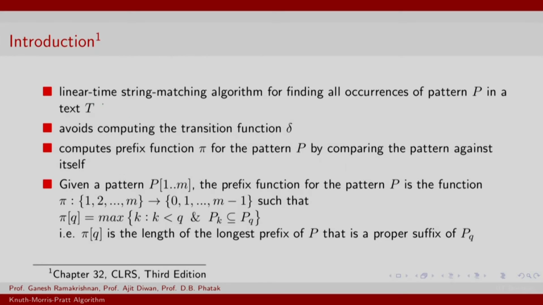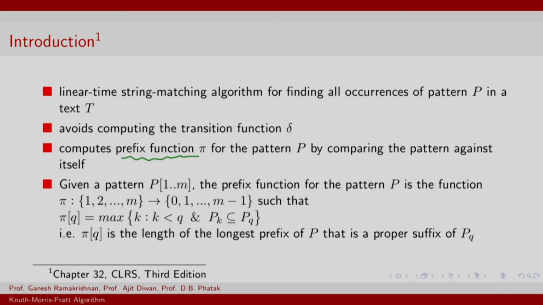So the idea of the linear time string matching algorithm using KMP avoids computing the transition function explicitly, but instead leverages the idea by which delta was computed to find a so-called prefix function pi. This prefix function pi links to the index of the pattern P that has the longest prefix for any index q of the pattern.